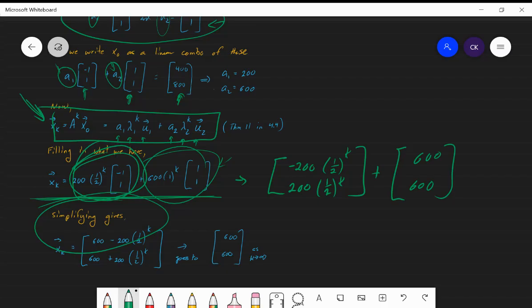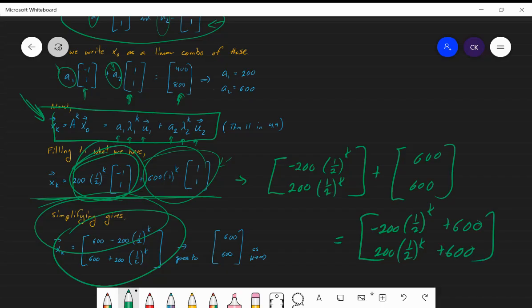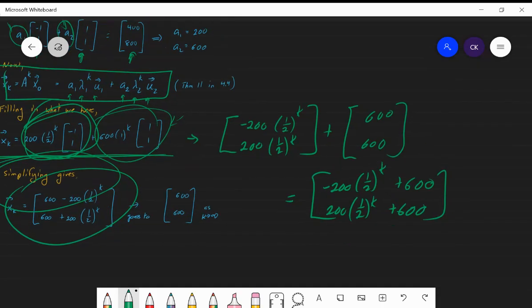Now you can add these two together, and we get a resultant vector that looks similar to what I've written out here: minus 200 (1/2)^k plus 600, and 200 (1/2)^k plus 600. Over here in the problem as I originally had it, the order has been reversed, but that's really no consequence here.